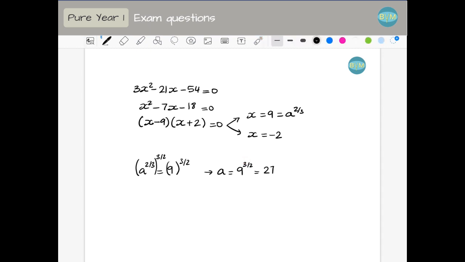You can do that with a calculator anyway. That's it: A is 27.